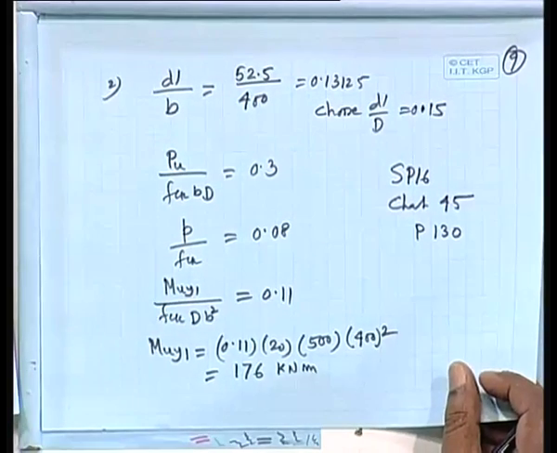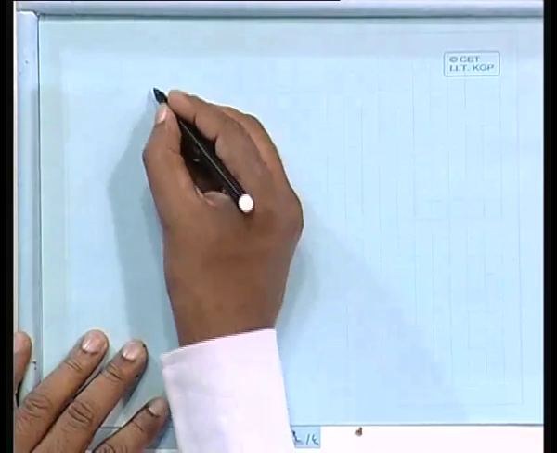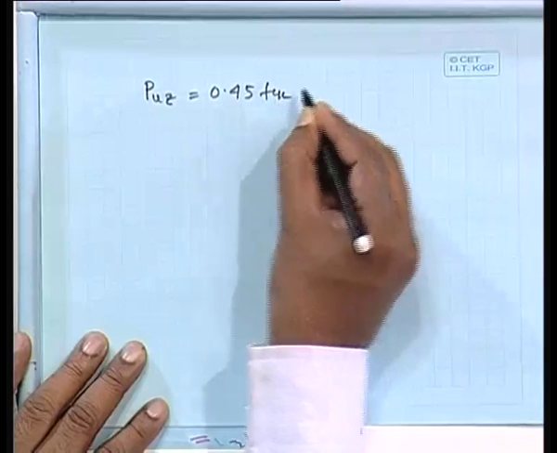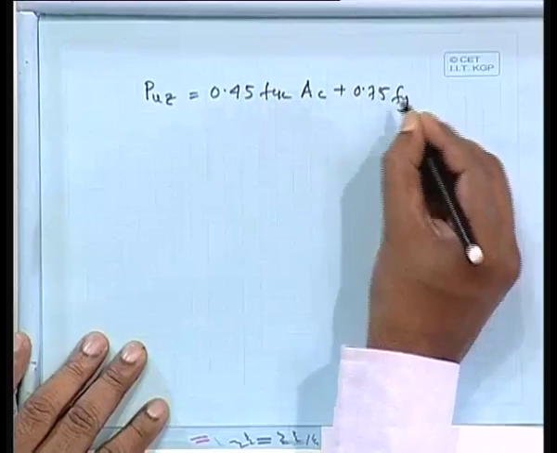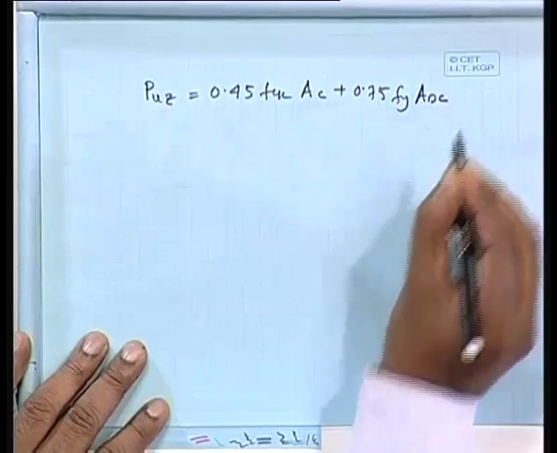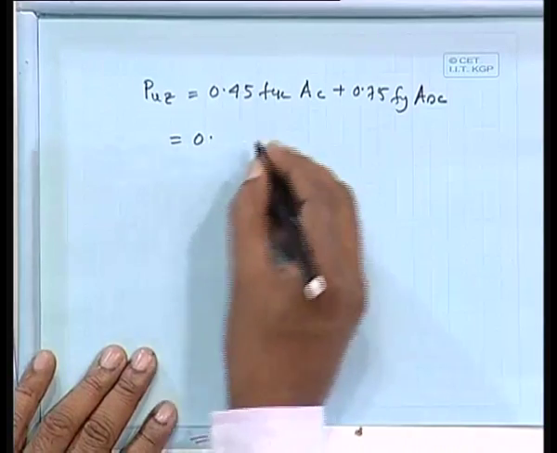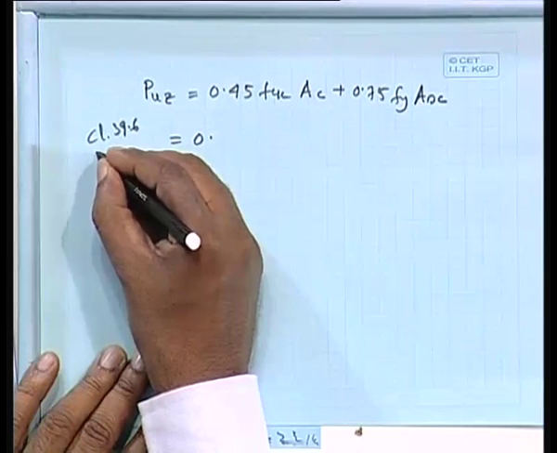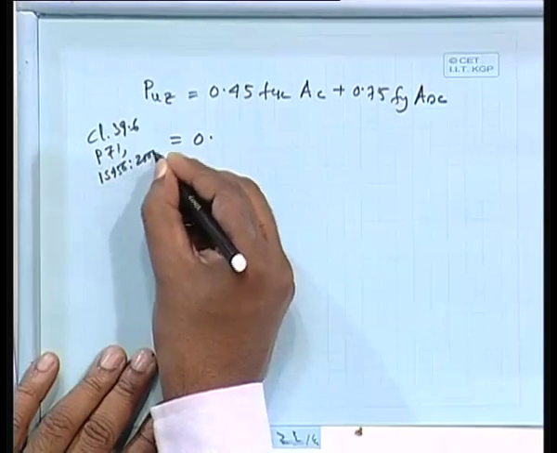What about PUZ? So PUZ equal to 0.45 FCK AC plus 0.75 FY ASC. This one you will get again from clause 39.6, page 71 of IS 456 2000.